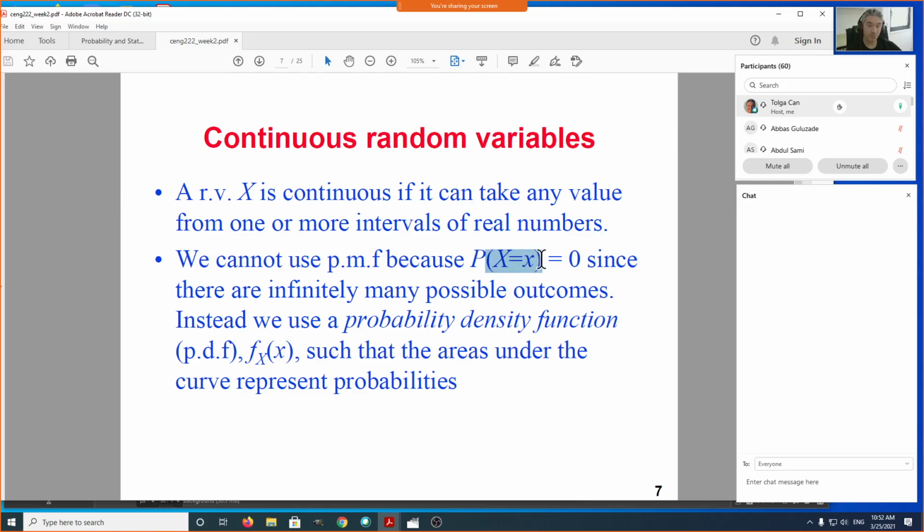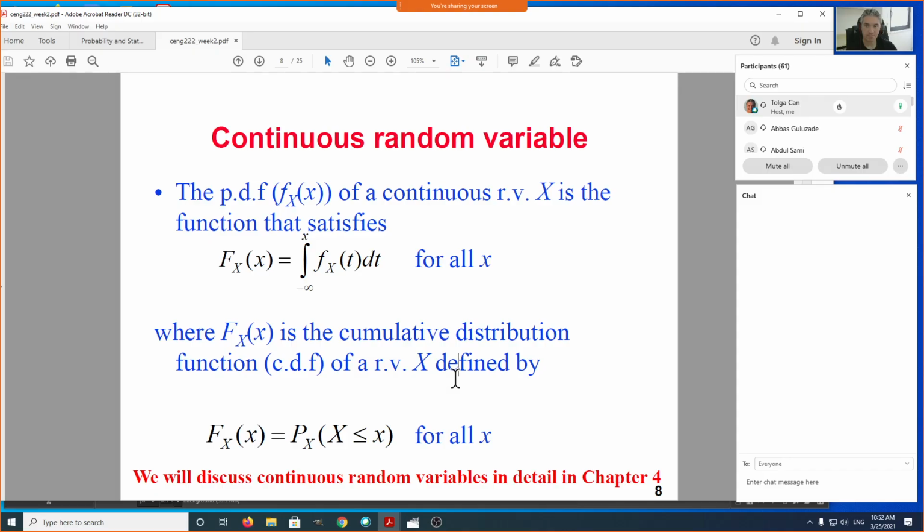So point probabilities are going to be 0 because there are infinitely many possible outcomes in a continuous random variable. And instead, we will be using a probability density function, the same lowercase f, such that the areas under the curve are going to be used to compute probabilities. And in the case of a continuous random variable, the cumulative distribution function is going to be described similarly to the discrete case.